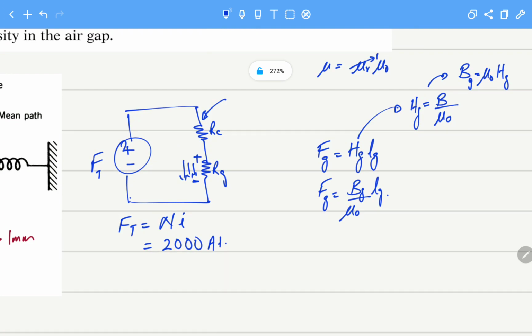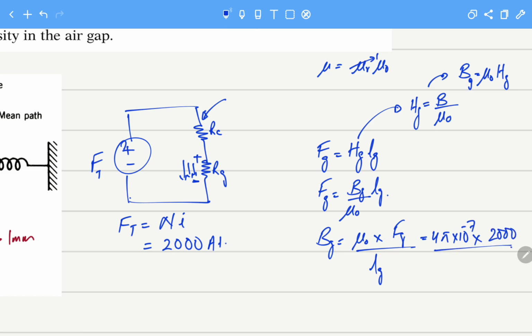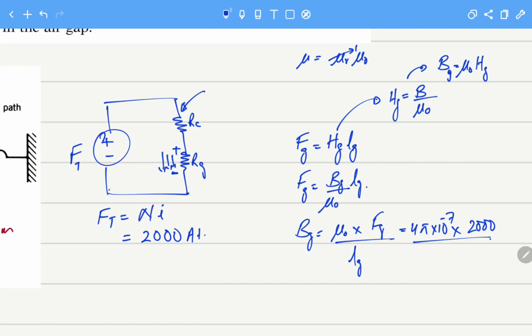So we have to calculate the flux density. Bg equals mu naught into Fg divided by Lg, and this will become 4 pi into 10 raised to power minus 7 into 2000, divided by Lg.